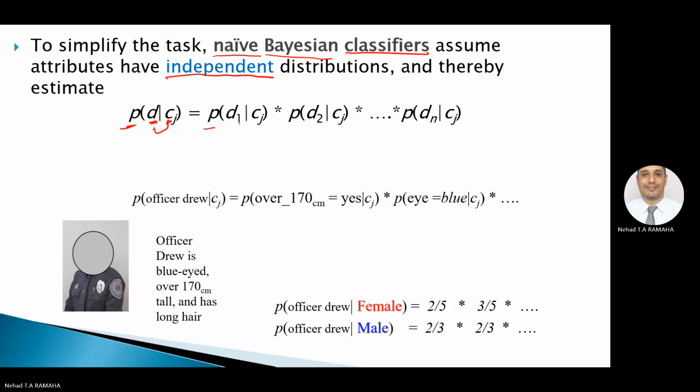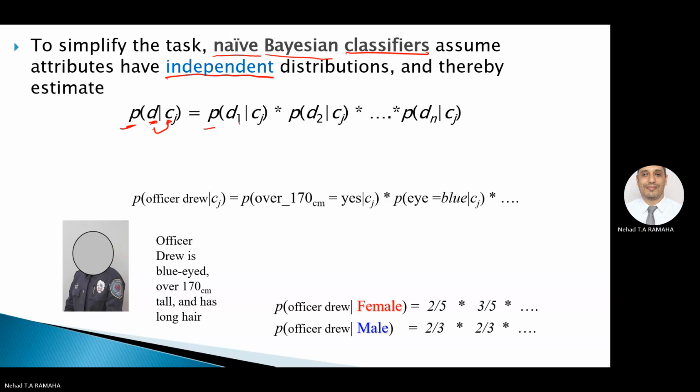The name is Drew, yes. So it's equal to the probability of over 170 given Drew, multiplied by the opposite.